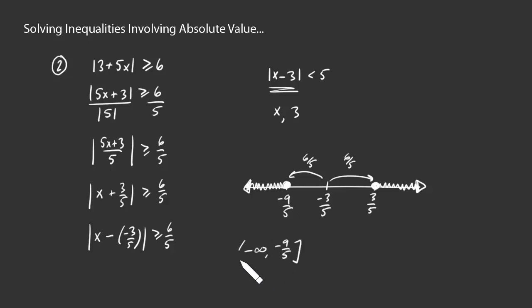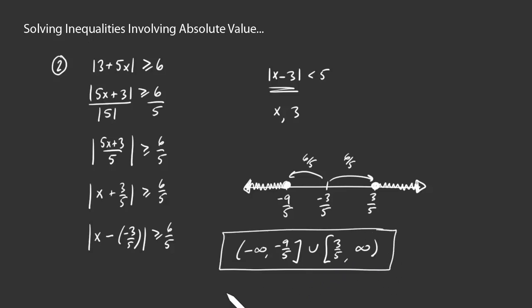It includes that one, never includes negative infinity, or from 3/5 up to infinity. Never include infinity, but we want to include 3/5 this time. It's filled in, and we want to be able to take x from either interval, and so we link them together with a union operator. So that is our answer.